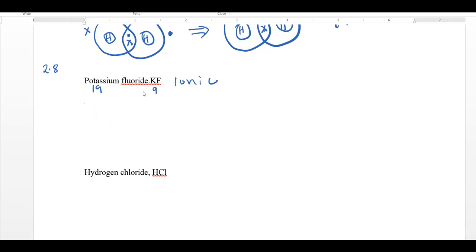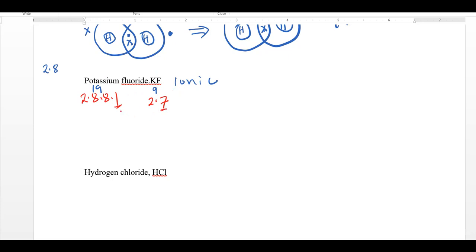So let us write the electron configuration: potassium is 2, 8, 8, 1. Fluorine is 2, 7. So I see fluorine lacks one to be stable. Also potassium is going to lose this one, and this one will be transferred to fluorine. So that's what we call ionic.